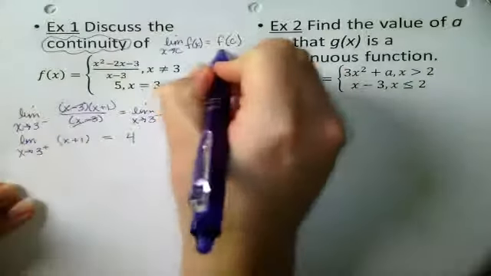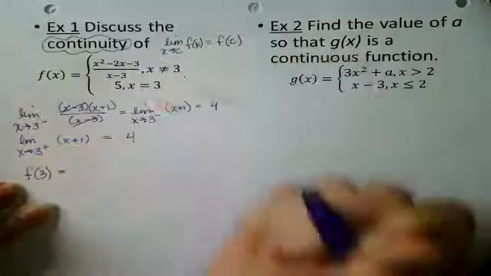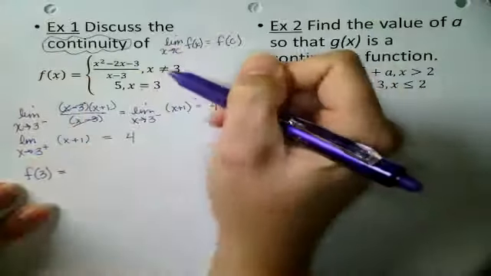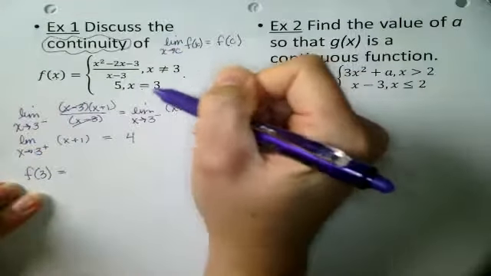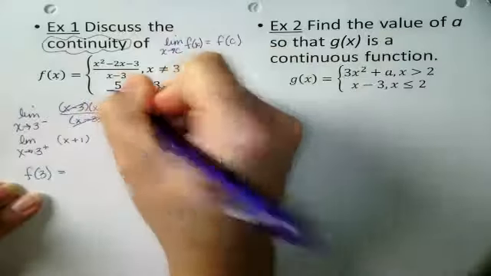But let's look at our function evaluated at 3. f evaluated at 3, well, the only place where we're allowed to equal 3 is right here, which is 5.